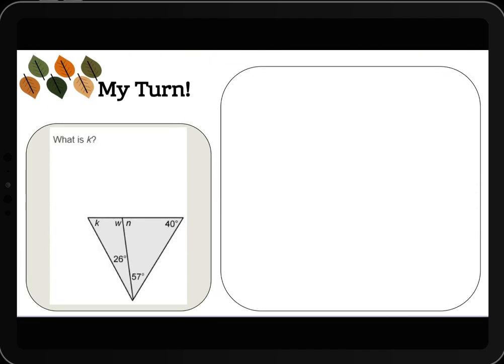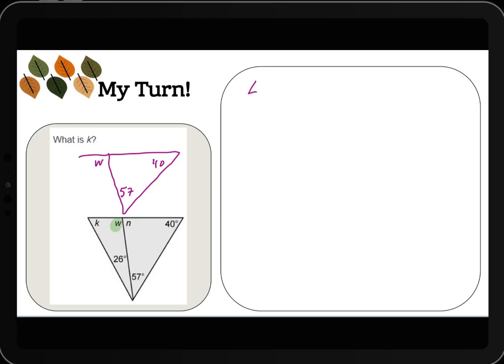So let's take a look at this example here. What is the measure of angle K? There's lots of ways that I could go about doing this. However, one thing I did notice is that W is an exterior angle if you compare the angle W with the triangle on the right. So if I just draw a general shape here, here's W, here's 57, and here's 40.